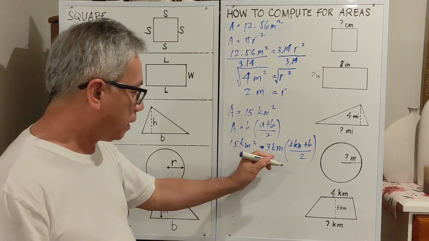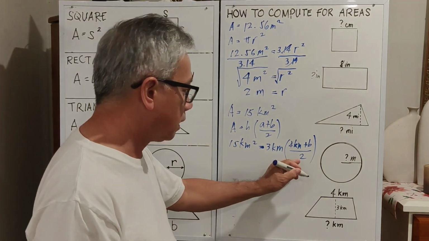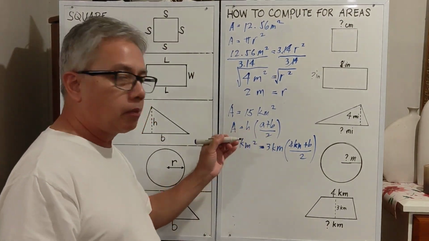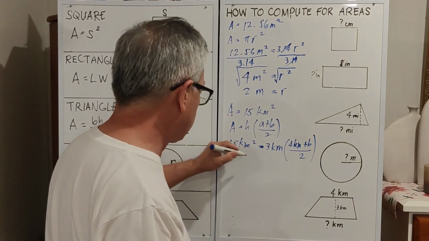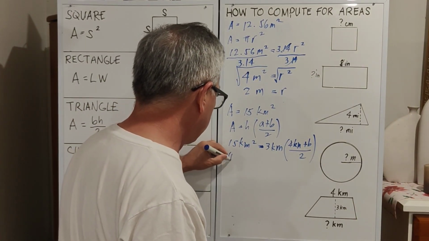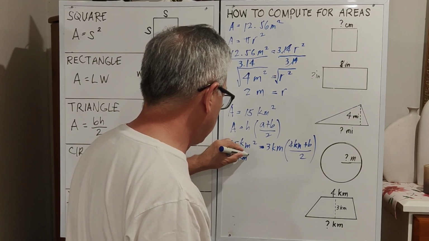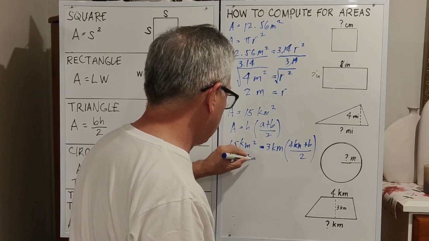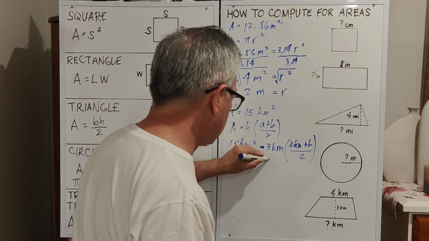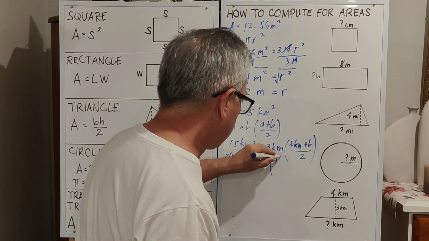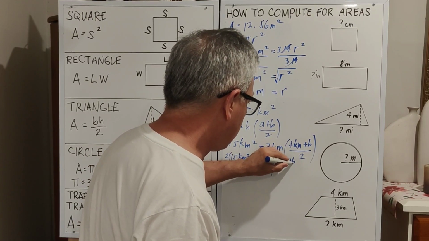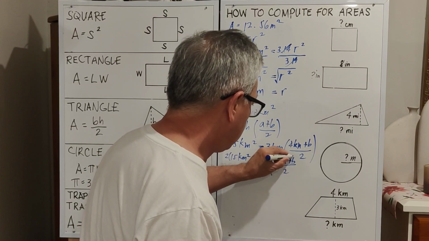Now the first thing we need to remove from this is the denominator 2. So we multiply 2 on both sides. So this becomes 2 times 15 kilometers squared is equal to 3 kilometers times 4 kilometers plus B, divided by 2, times 2.